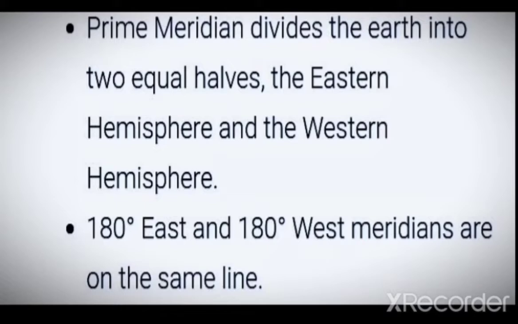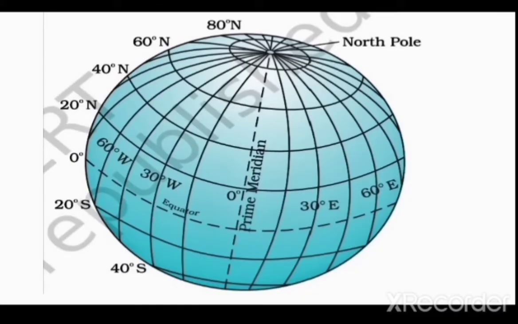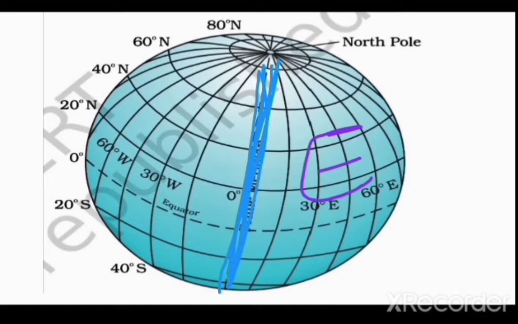180-degree east and 180-degree west are on the same line. Let us understand how with the help of the picture. In this picture you can easily see that this is 0-degree, this is the prime meridian, and all the area on the right hand side of this meridian is called the eastern hemisphere, and all the area to the left hand side of this line is called the western hemisphere.